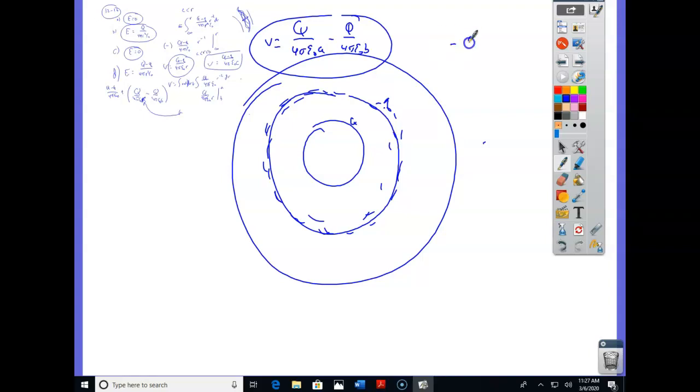Negative big Q. So it'd be negative big Q over 4 pi R squared, and R squared in this case would be B squared. So that's our charge per unit area on the inside. Because that's the area of the inside of the sphere, right? Okay, and the charge has to be negative Q to cancel it out. That is the correct answer.